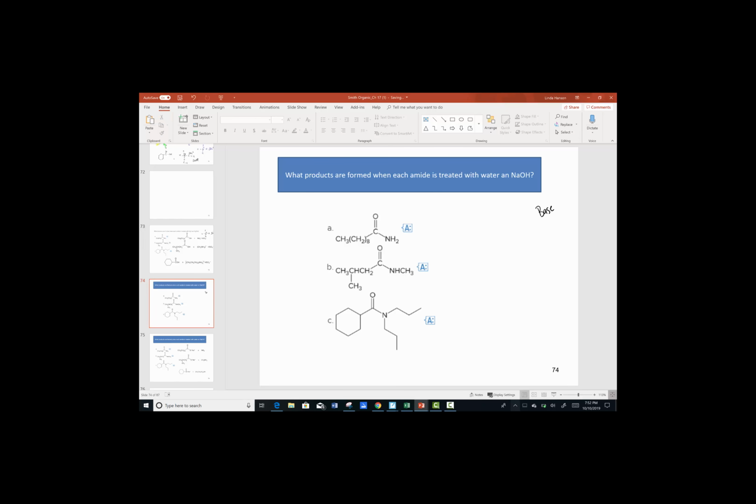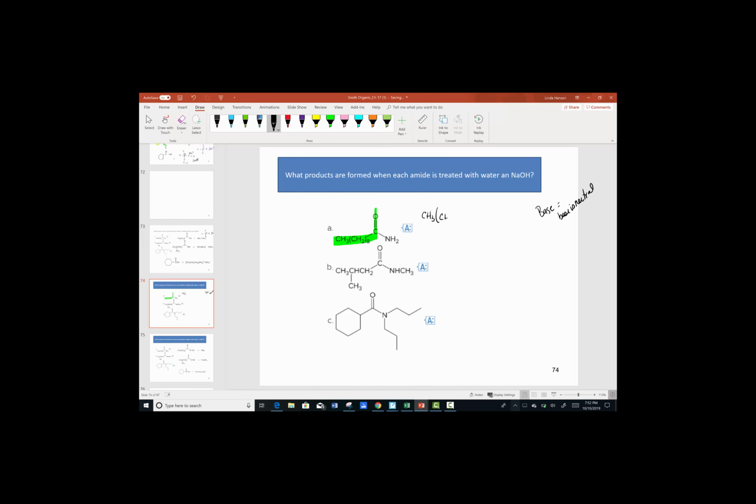And so now when I see base, the base is neutral, and the base is the amine. And so we're going to create a negative carboxylate ion. So let me model one. Again, I'm going to just find the carbonyl and notice that that will become the carboxylate ion. So we'd have CH3, parentheses, CH2 taken 8 times, C double bond O. But now in a base solution, this remains negatively charged.